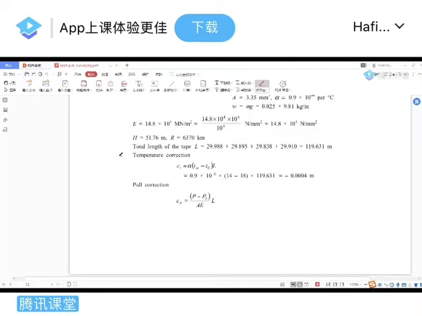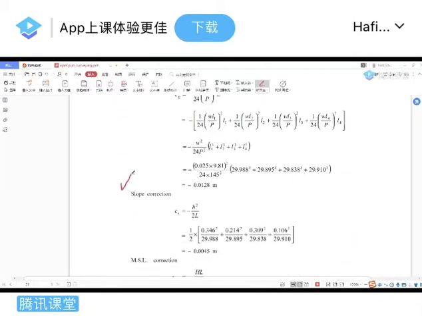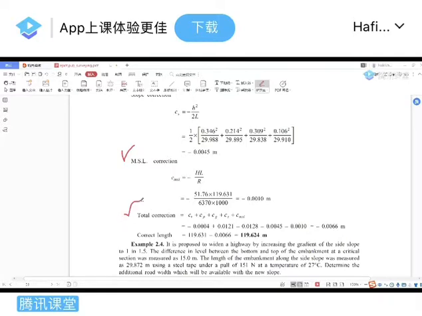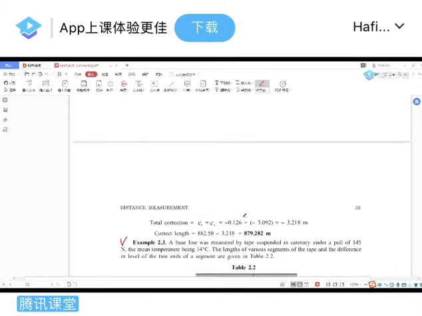We have temperature correction, pool correction, the sector correction tomorrow, slope correction from before, the MS-error correction tomorrow, and then we calculate the total correction, which gives you the correct length for your standardized tape. So all of these are very practical.